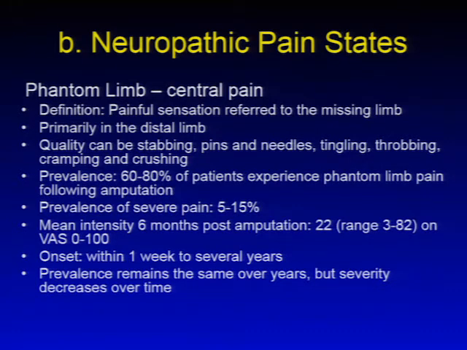Its prevalence occurs in 60 to 80% of patients who have had amputation, and the prevalence of severe pain with phantom limb pain is typically 5 to 15%. After amputation, the mean intensity 6 months post-amputation is 22 on a visual analog scale of 0 to 100. The onset of phantom limb pain may occur 1 week to several years after the inciting event. Prevalence remains the same over many years, but as is typically seen, the severity may decrease over time.